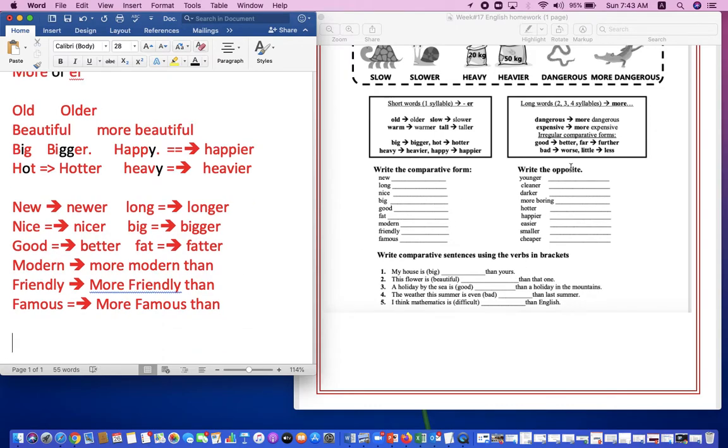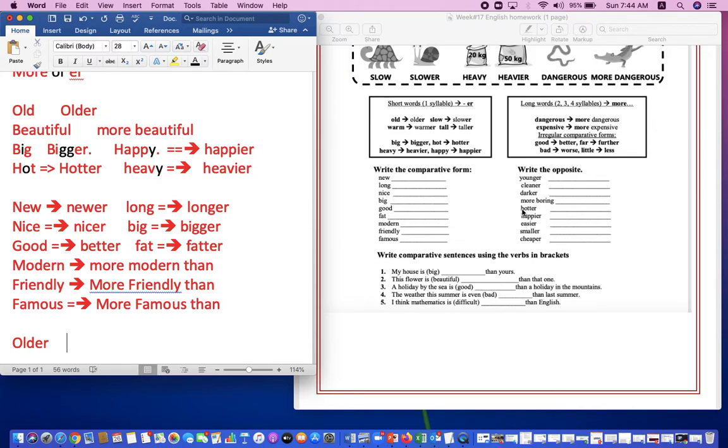Okay? Then we come to the opposites. I believe that this one is easy. Younger, it will be, yes, older. Cleaner, more dirty or dirtier. Dark, darker. It will be lighter, more boring, more interesting.